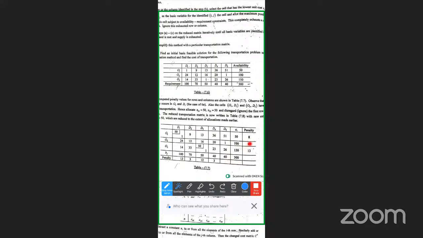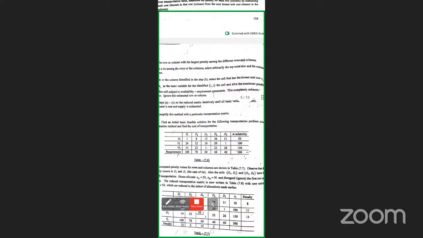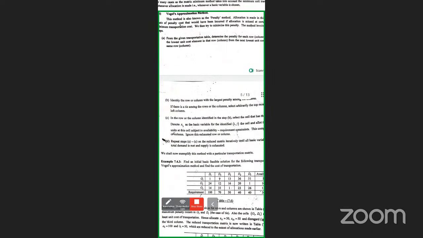So these are all the penalties. This method is called the penalty method.